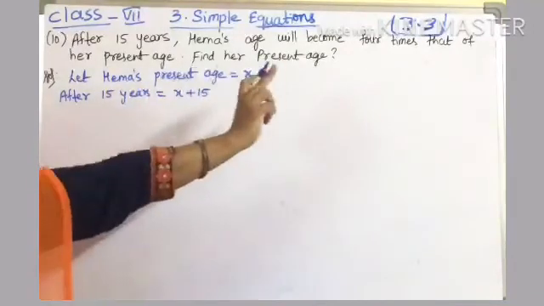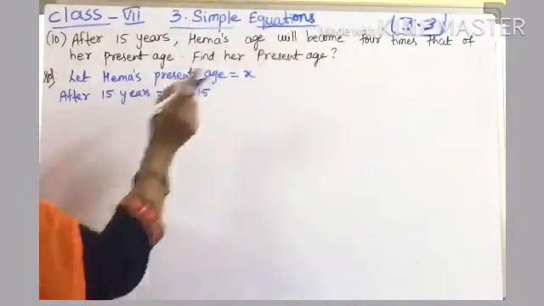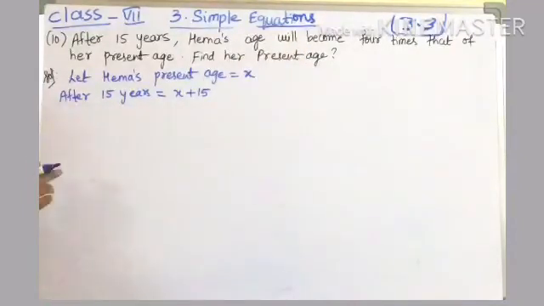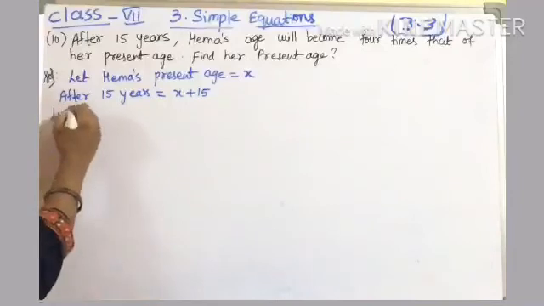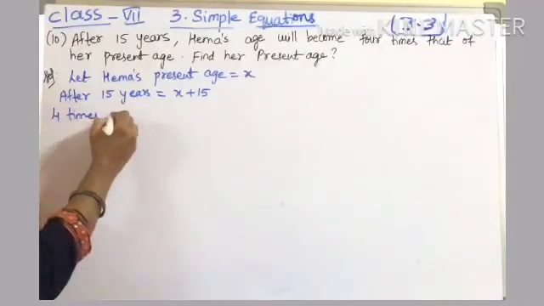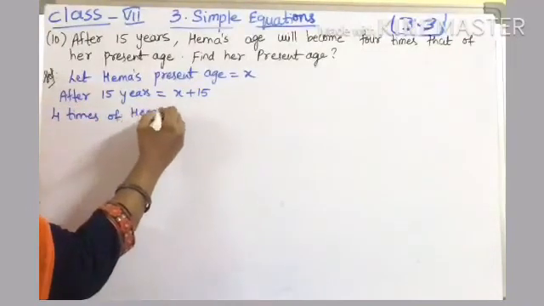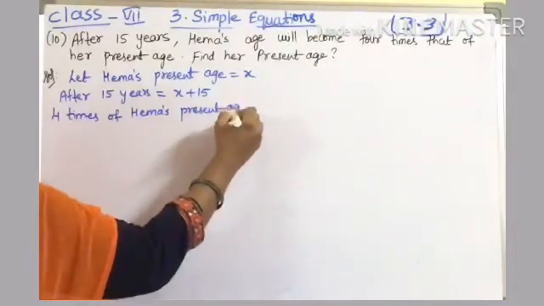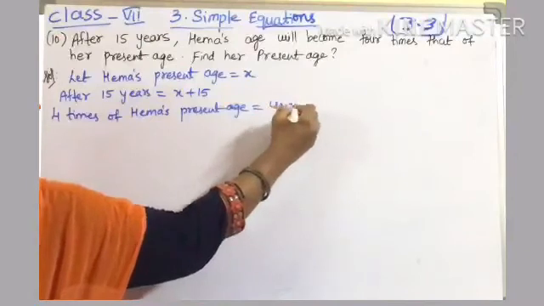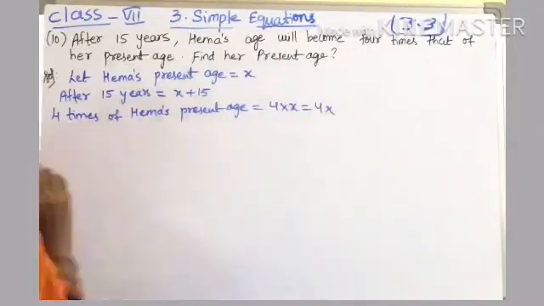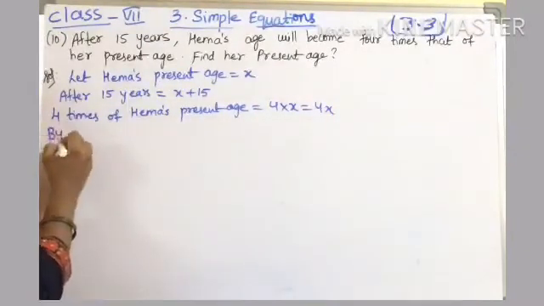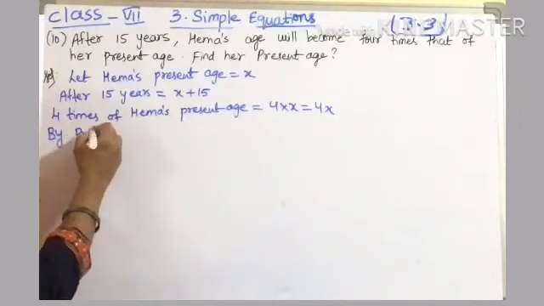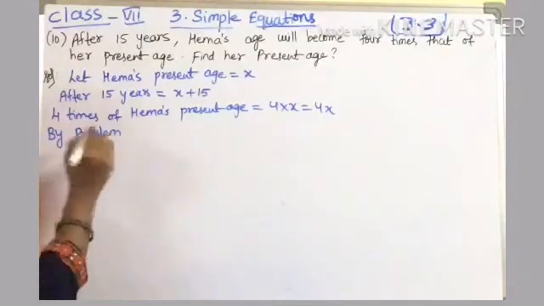Next, Hema's age will become 4 times that of her present age. Here 4 times means what? 4 times of Hema's present age, that is 4 into x, nothing but 4x. Right? Now by the problem, what are they saying?